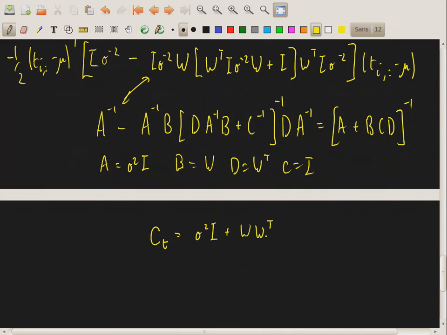Now what does that smell like? That smells exactly like our covariance for the marginal likelihood of linear regression, but we just had an alpha there because we put a variance over the alpha prior. I said I'd explain why you don't need that in this case.